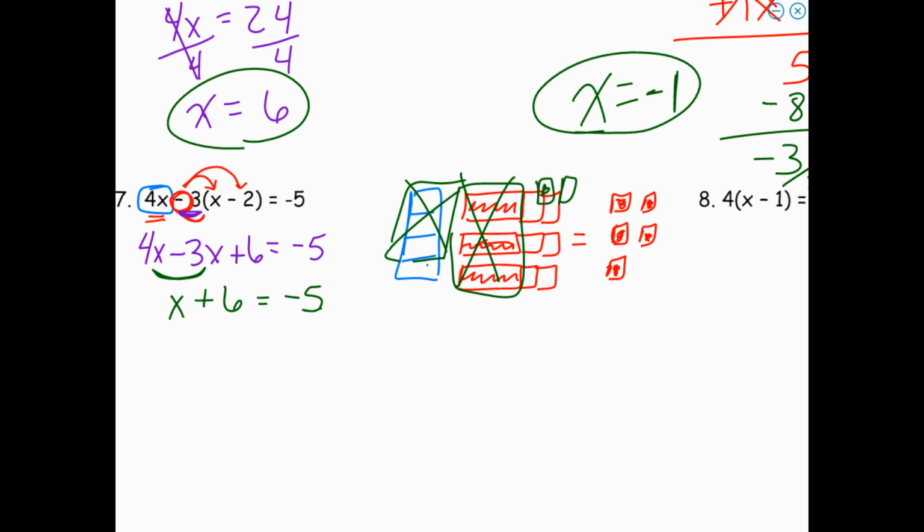So which means we have to have 6 negative ones to zero out our positive ones. So I'm going to add more negative ones over here, right?